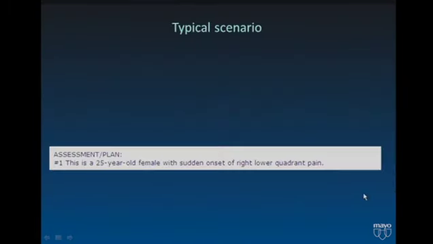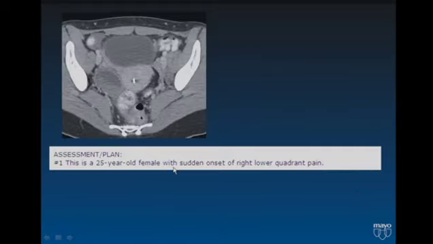So a typical scenario in these patients is a patient who has sudden onset of right lower quadrant pain, and the CT is performed showing a hyperdense material within the lower half or the posterior half of an otherwise benign appearing cyst with a thin margin.